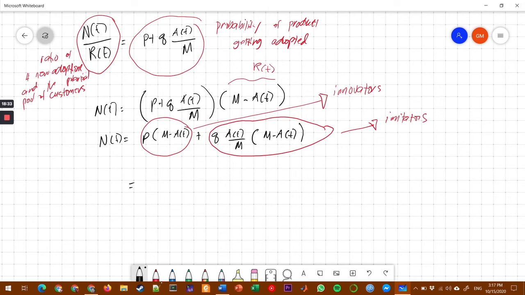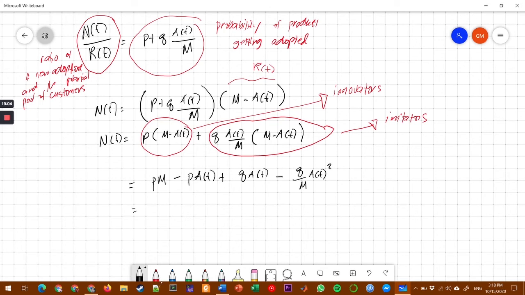This term has no variable if you multiply it. That's Pm. Then we distribute A: that's P A of t plus Q A of t. The m cancels, then multiply the second term. We have minus Q over m A of t squared. Right?